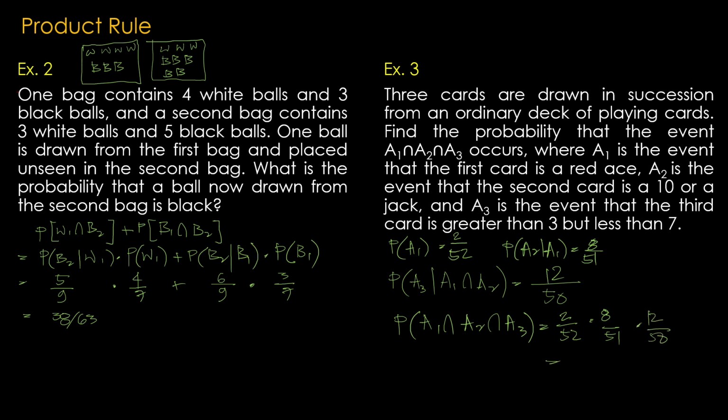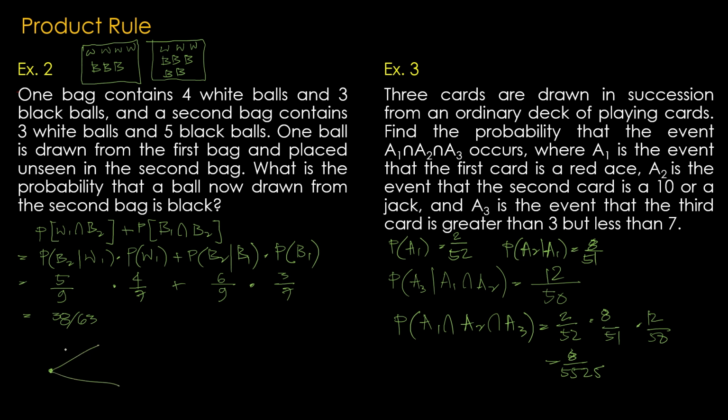And that is equal to 8 over 5525. So that is the probability of that event happening, if you draw 3 cards in succession and each of the letters represents a different event.